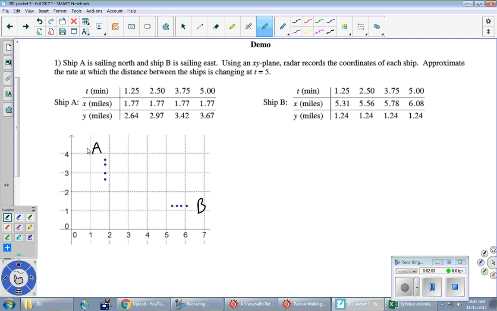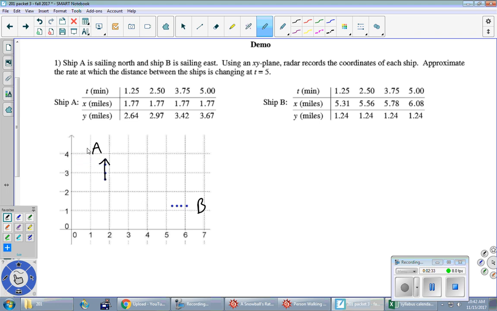At the earliest time recorded, the y coordinate is 2.64. So I guess that's this one right here. And then a minute and 15 seconds later, it's 2.97, and then 3.42. And then finally, the last recorded data is this last point up here. So I'm going to go ahead and draw an arrow here. This is ship A going due north, okay?